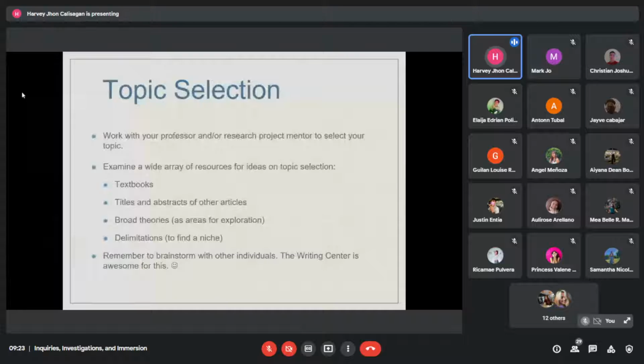So how do you delimit? You have the scope and limitation of your study, if I'm not mistaken. So for example, you have to be subjective when it comes to this. If you will choose your topic, you have to be subjective. Why do we need to be subjective when you're doing your research? First, you have to be more specific.